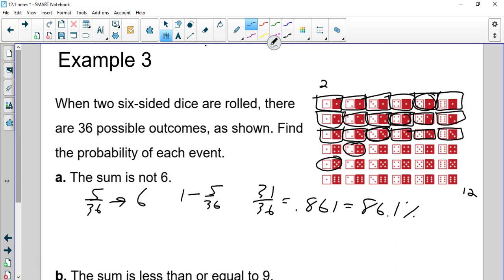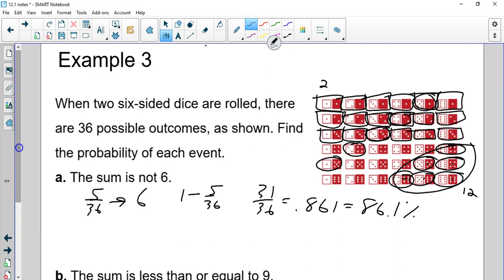So we have 12, 11, 10. Then here we have 11, and here we have 10, and here we have 10. That's 1, 2, 3, 4, 5, 6.